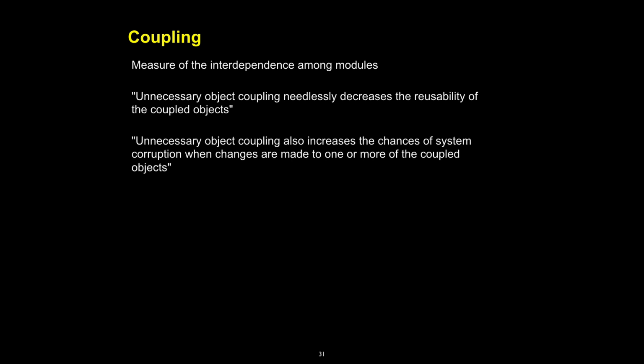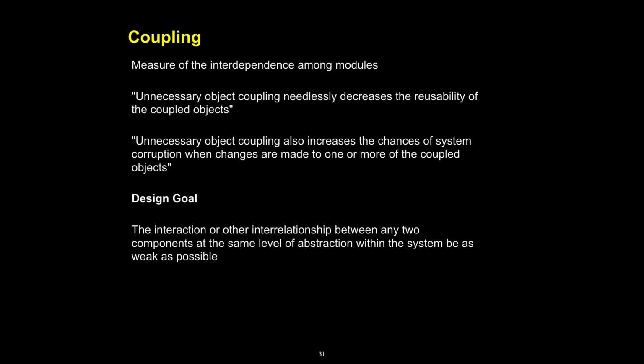And also, the more coupling, the more a change over here is going to propagate, right? And so our design goal is we want the coupling to be as weak as possible.